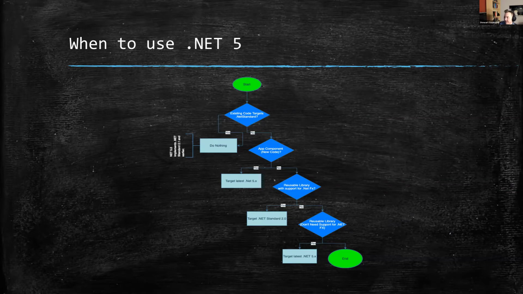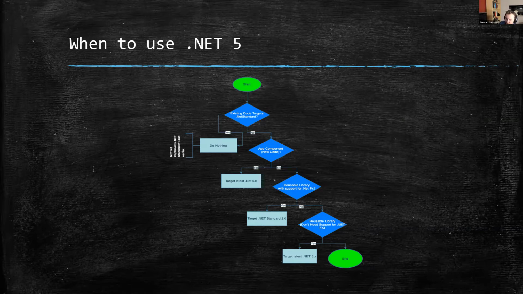For example, if you need to support .NET Framework, you're going to want to target .NET Standard 2.0, because .NET Standard 2.0 is the latest version of .NET Standard that supports .NET Framework.